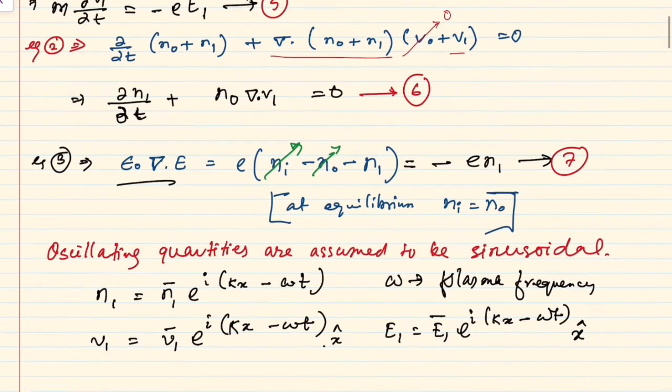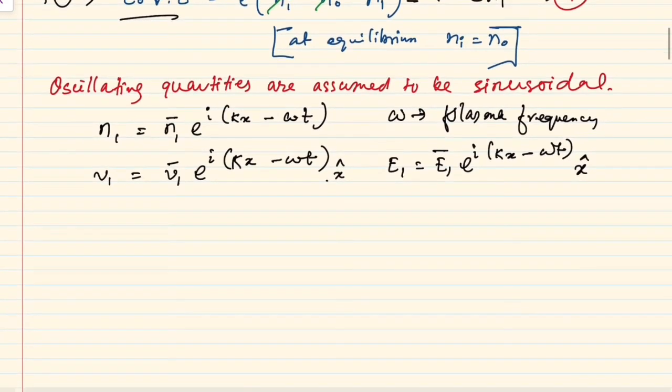So now if we differentiate any one of these equations with respect to time and with respect to x separately. So let me differentiate n1 is equal to n1 bar e to the power i(kx minus omega t). Let us differentiate this equation, differentiating with respect to time.